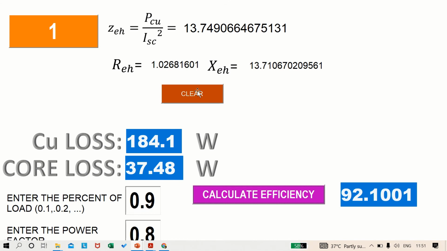Now I will change the power factor from 0.8 to 0.7. Suppose I want to calculate the efficiency at 0.7 power factor, and for different percentages of load. Now for 10% of the capacity, calculate the efficiency.